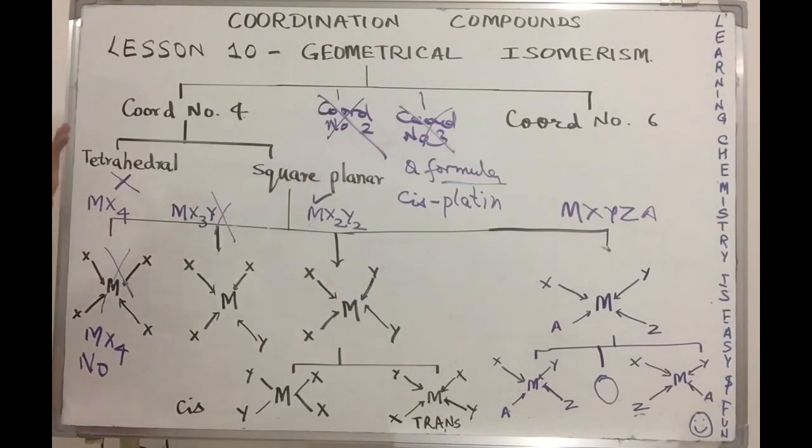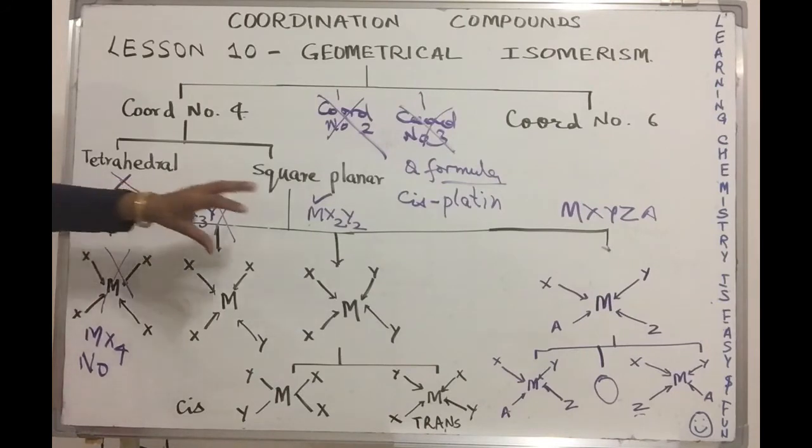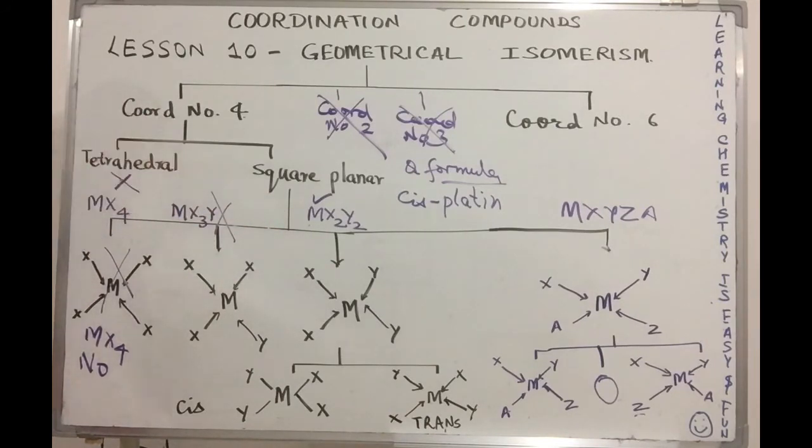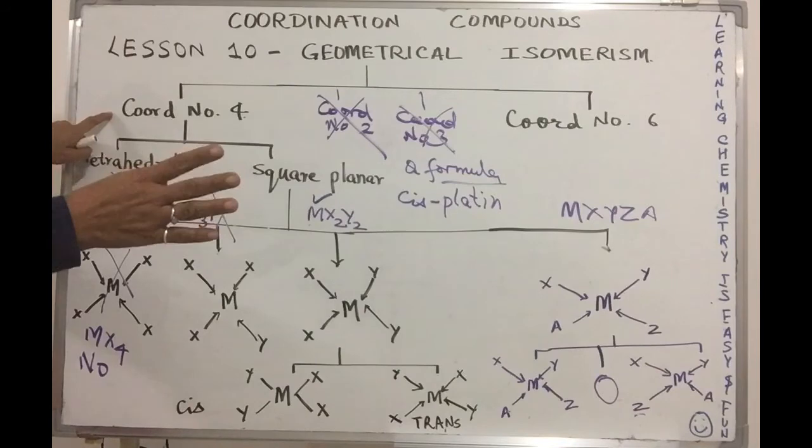Till now, I have spoken about unidentate ligands, right? Where one atom is the donor atom in the ligand. What if there are 2 donor atoms and it forms a cyclic structure? Let's see one of the examples of that type as well under coordination number 4, right?